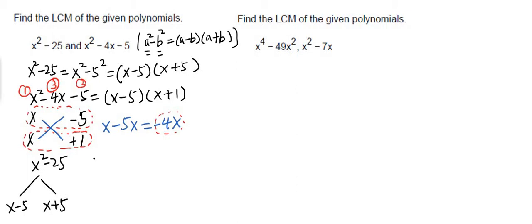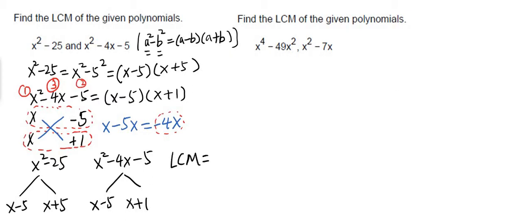And for the second polynomial, x squared minus 4x minus 5, we have two factors. One is x minus 5. The second one is x plus 1. Okay, so what is the least common multiple for these two polynomials? The first thing, we're gonna find the common factors.